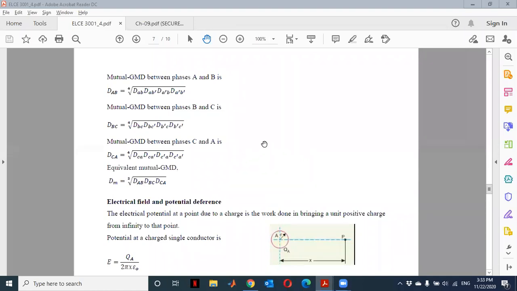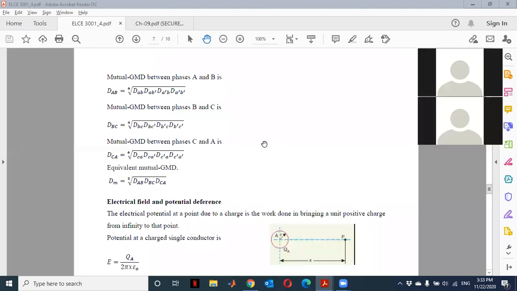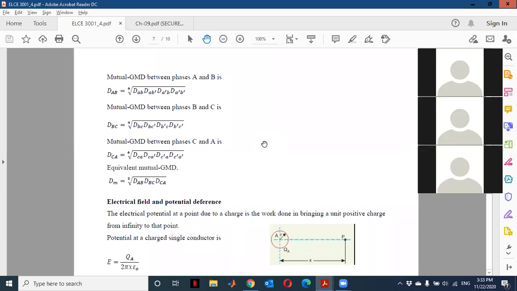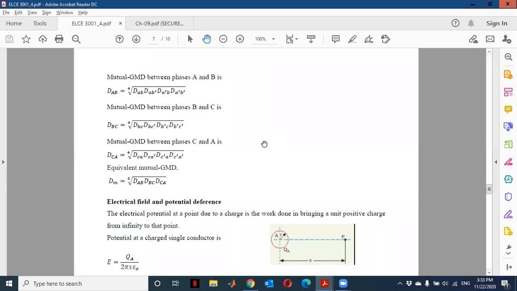Is it clear? Do you have any questions? Okay, this is about calculating the inductance of a transmission line. What about the capacitance? Don't forget, you always have to know how to derive the equation.